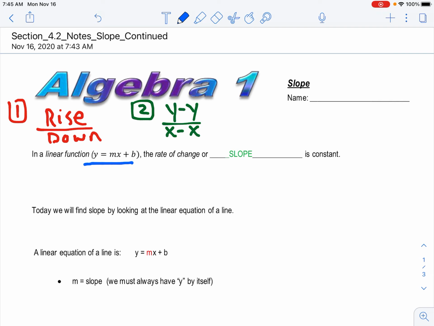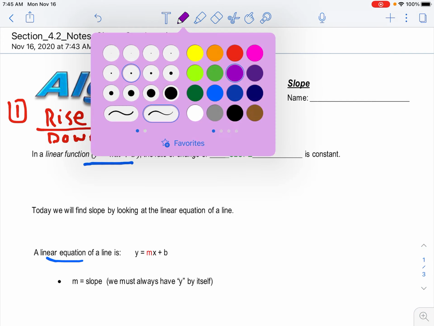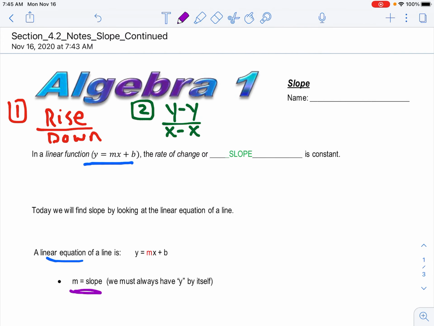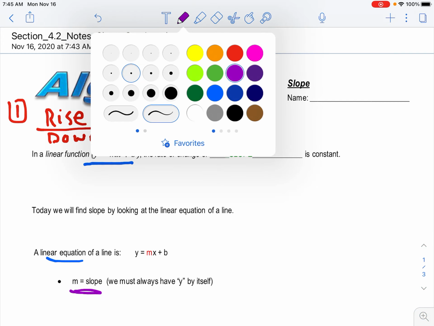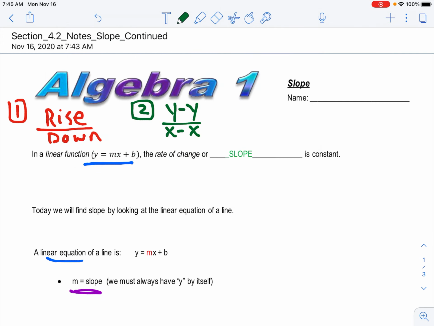All right, so here's the deal in that equation. For our linear equation of y equals mx plus b, you'll notice the m is in a different color. The m is our slope. Now, you'll notice in parentheses it says that y must always be by itself.